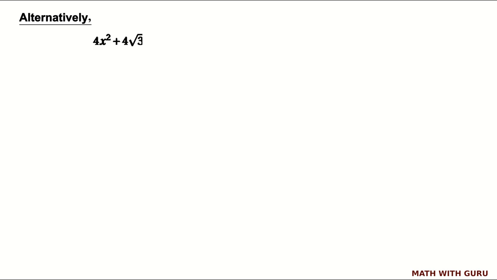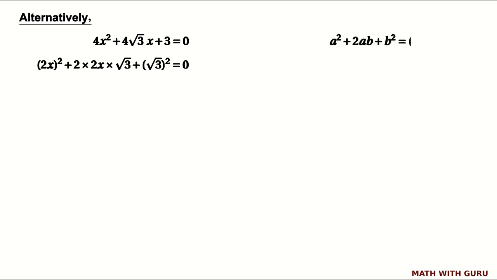Alternatively, 4x squared plus 4 root 3 x plus 3 equals 0. This can be written as (2x) whole squared plus 2 into 2x into root 3, plus 3 can be written as (root 3) whole squared. This is exactly in the form of a squared plus 2ab plus b squared.